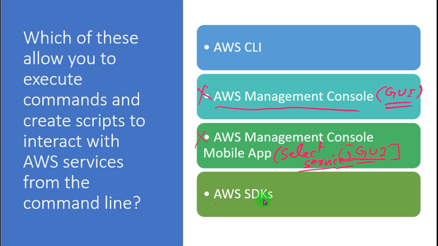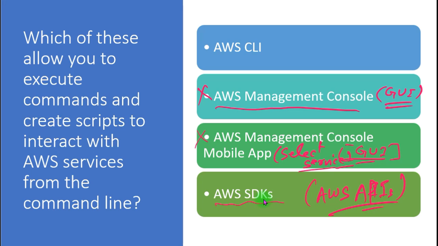If we talk about AWS SDK, it helps us to manage AWS services through a programming language. Like we can write our code in Java, JavaScript, Python, or Go, and we can use AWS APIs within our application to access or manage the AWS services.